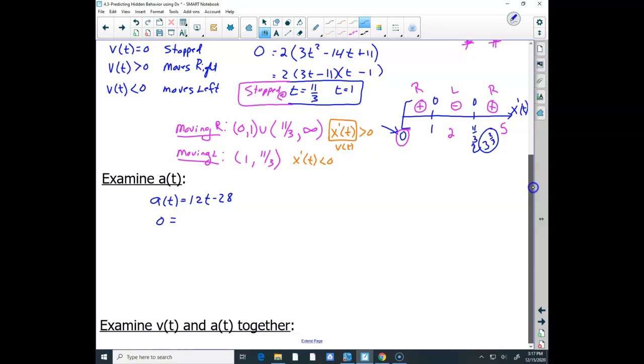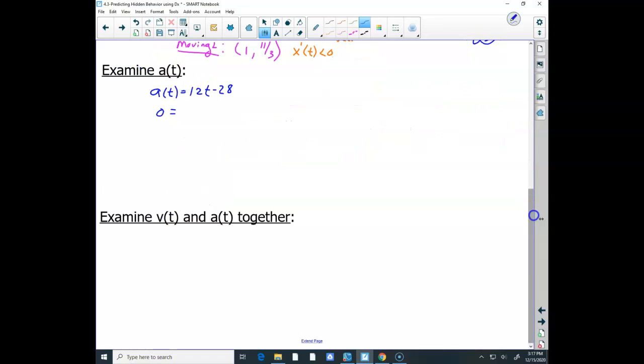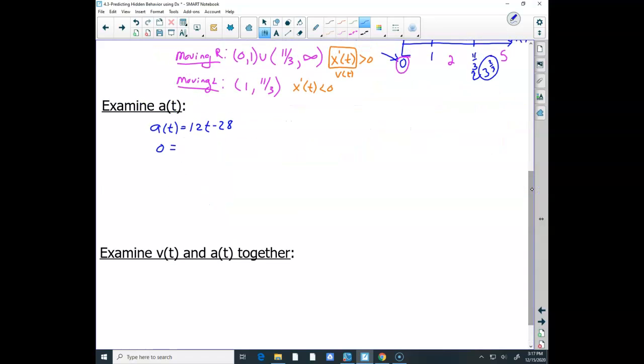And ditto down here for my acceleration. But I'm a factoring freak, and I can see there's a 4 that comes out of these two. So that's really 3t minus 7. So I know when t equals 7 thirds, that's when my acceleration is 0.